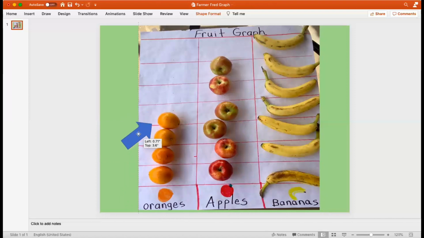The orange column is the shortest. So that tells me that the fruit I have the least of is the oranges. I was able to draw all of those conclusions by just looking at the graph. Wow! Graphs make getting information so much easier.